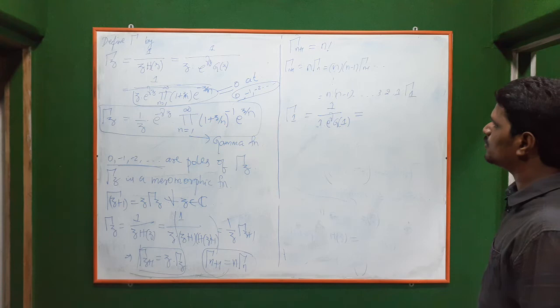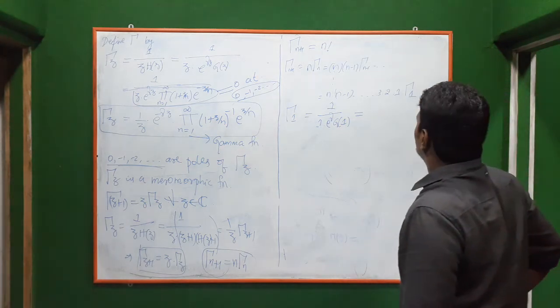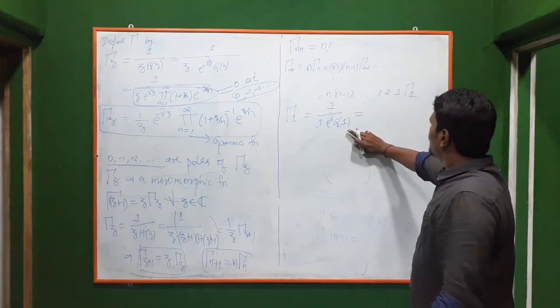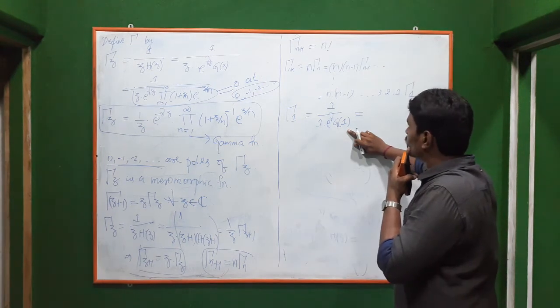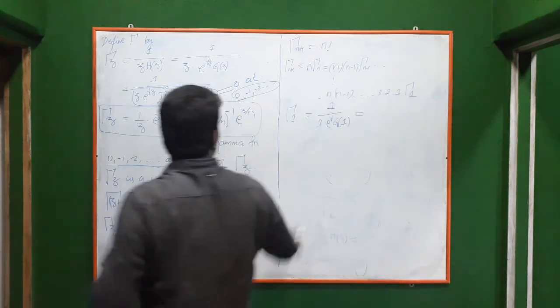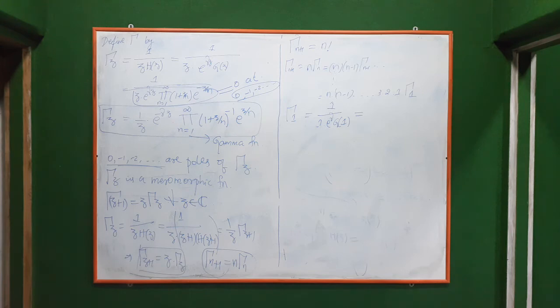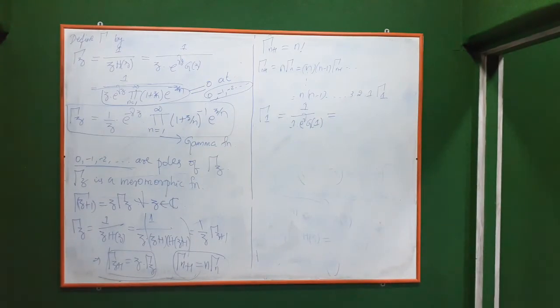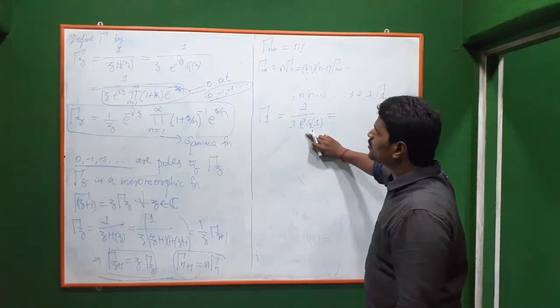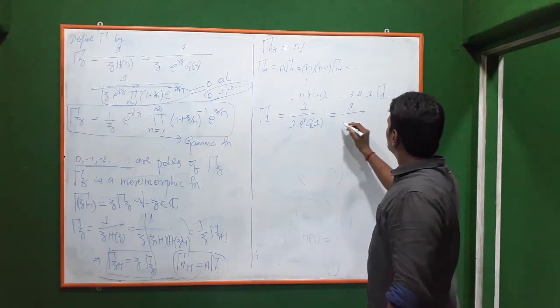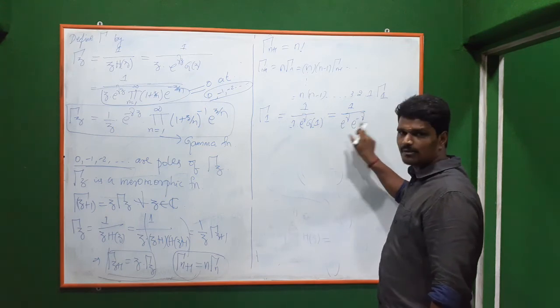Gamma of 1 is 1 by h of 1, and we have found that g of 1 is e power minus gamma, for the same gamma. So gamma of 1 is 1 by 1 into e power gamma g of 1, which is 1.